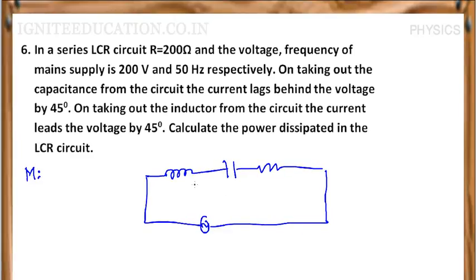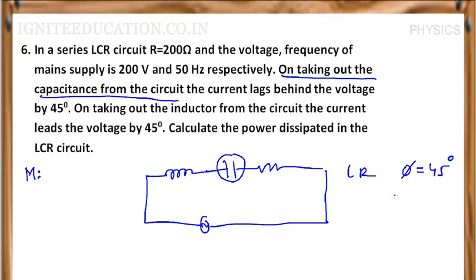The condition is, on taking out the capacitance from the circuit, that means remove the capacitance and connect the inductor and the resistor directly. So at that moment, for an LR circuit, the lagging angle phi is equal to 45 degrees.